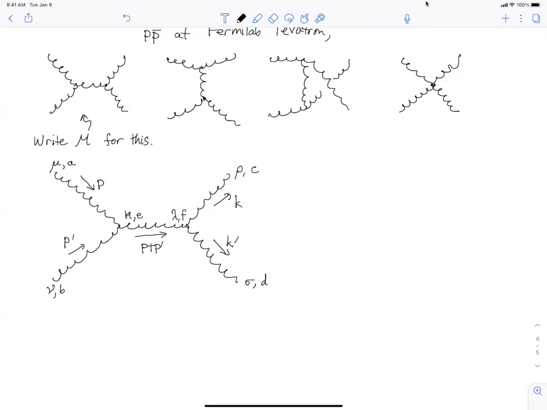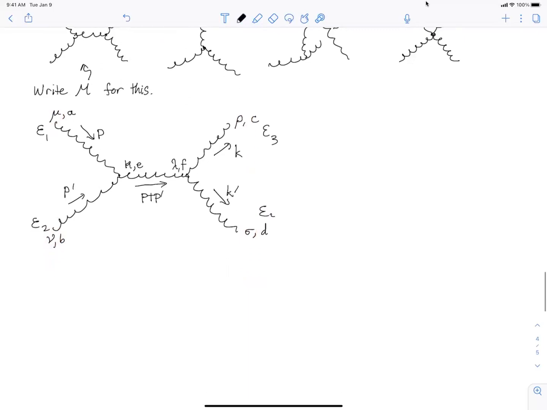Okay, and I think we've now labeled, let's call the polarization vector epsilon1 here, epsilon2, epsilon3, and epsilon4. And those things carry the vector index mu, nu, rho, and sigma, respectively. Okay, so now I've thoroughly labeled my diagram.